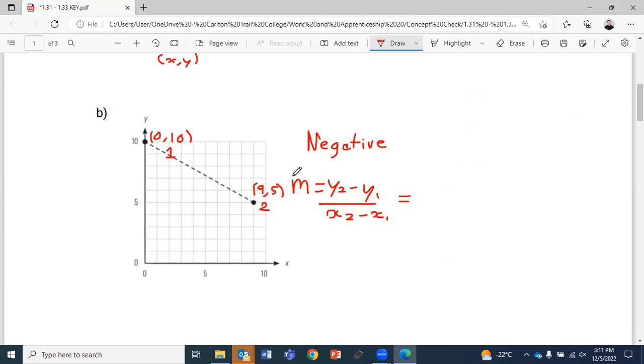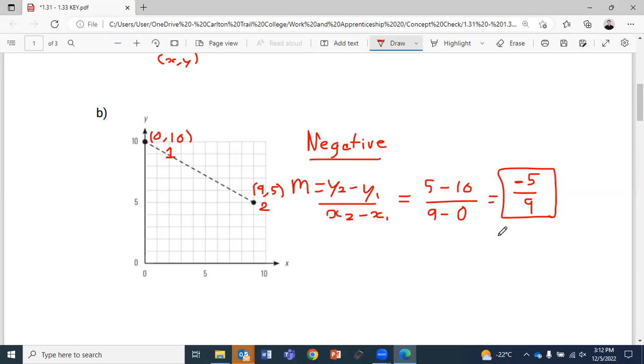So I now know my y2 is going to be 5, my y1 is going to be 10, my x2 is going to be 9, and my x1 is going to be 0. So if I do this, I'm going to get negative 5, because this is a negative slope, right? All over 9. And that is the answer. It's negative 5 over 9.